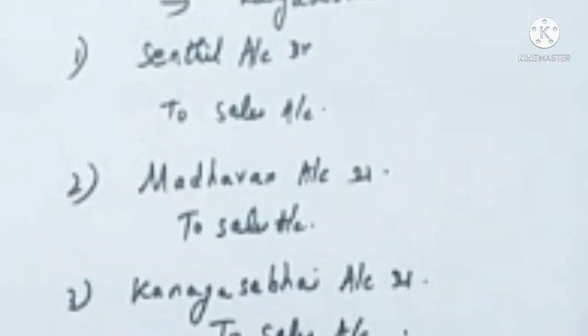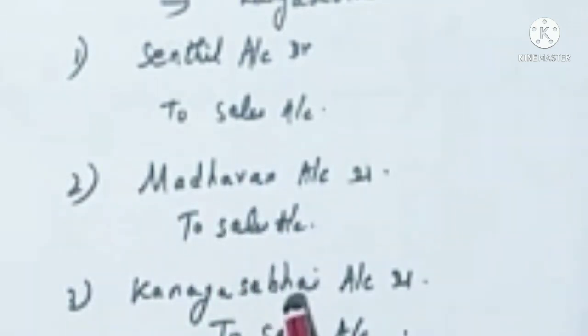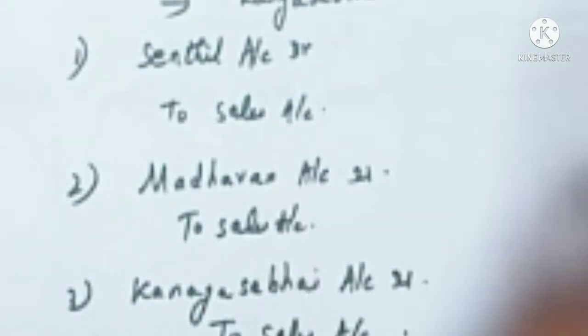So now let's prepare Sendil ledger account, Madhavan ledger account and Kanagasabai ledger account. When we prepare Sendil ledger account, Sendil is debited, so we have to write it on the debit side of the ledger account to sales account.